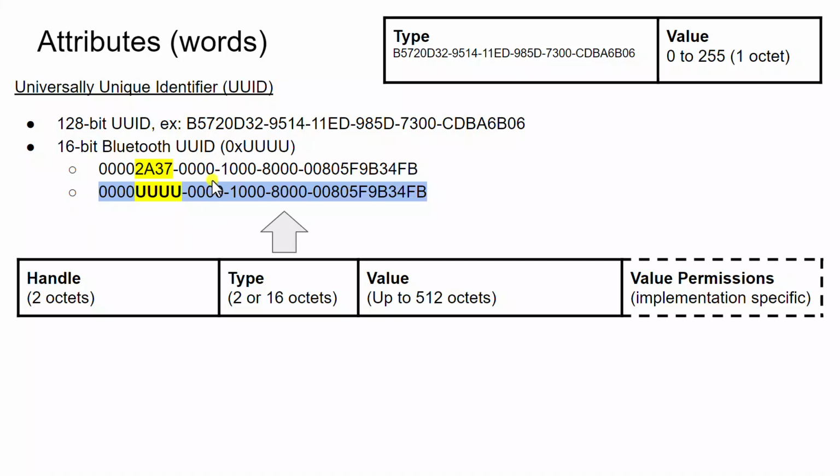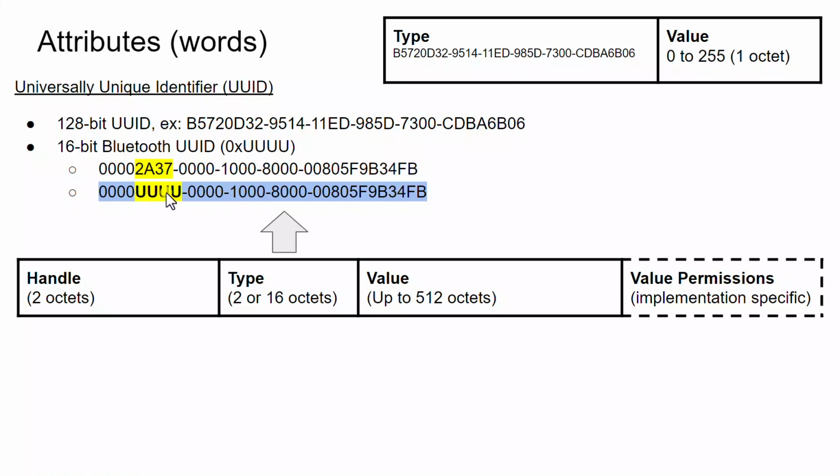So it's this one particular UUID that the Bluetooth committee, called the SIG, chose, so you never want to choose this for the IDs you're creating, because this has already been selected.